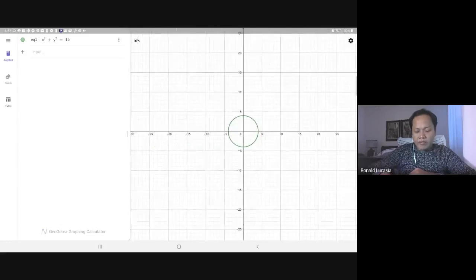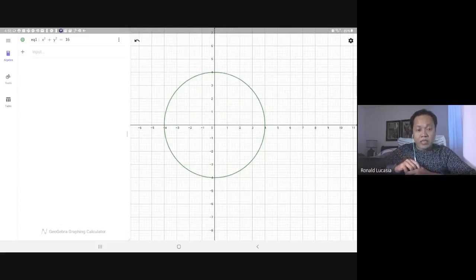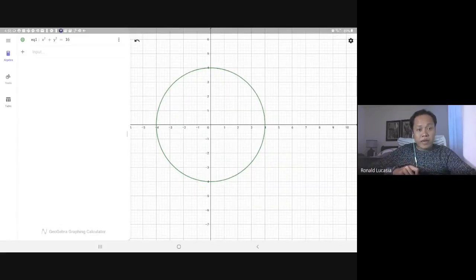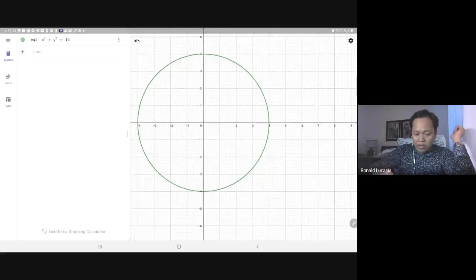So this is the graph of x squared plus y squared is equal to 16. The radius there is 4. I hope you can see it.